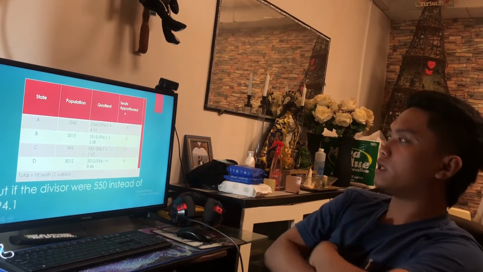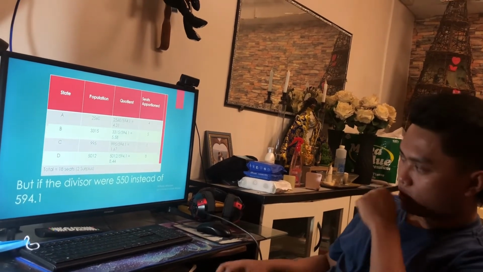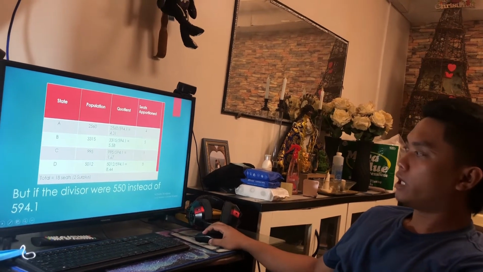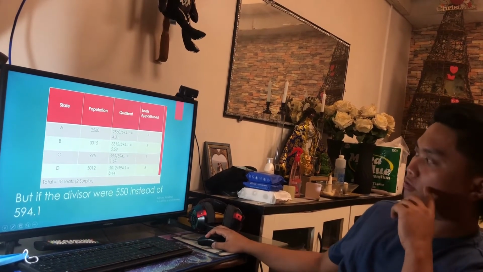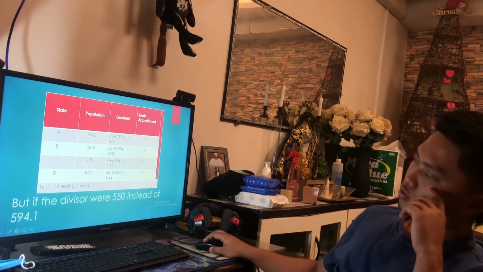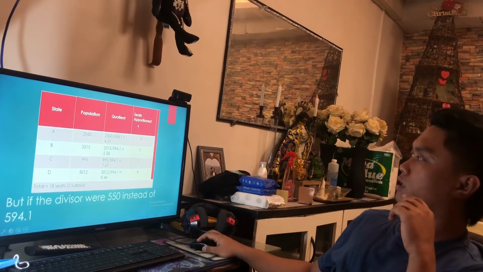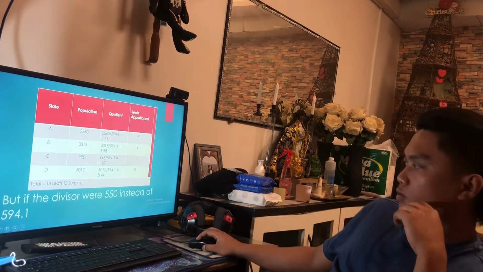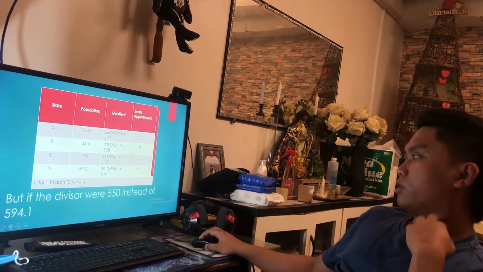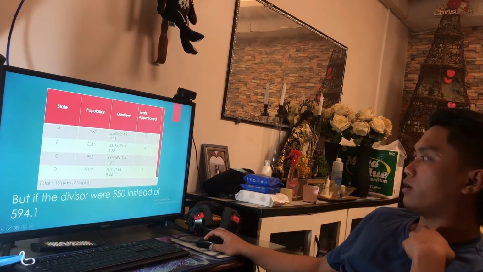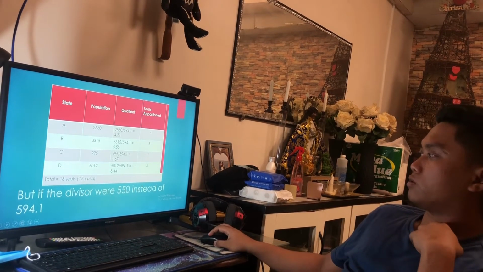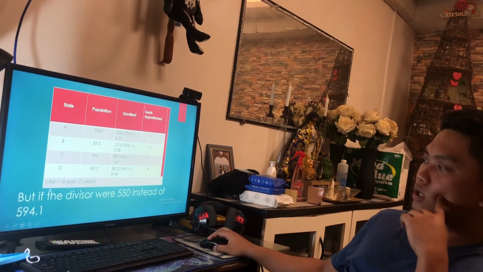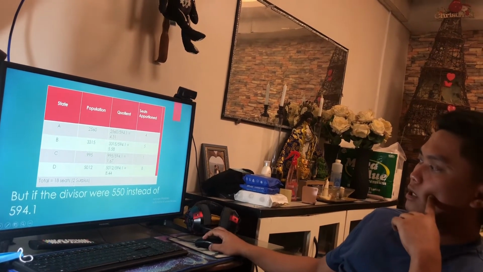State C's population is 995, the quotient is 1.67, and the seats appointed is 1. State D is 5,012, the quotient is 8.44, and the seats appointed is 8, and the total seats is 18, 2 surplus.